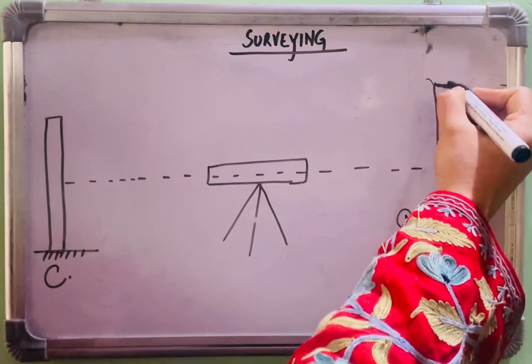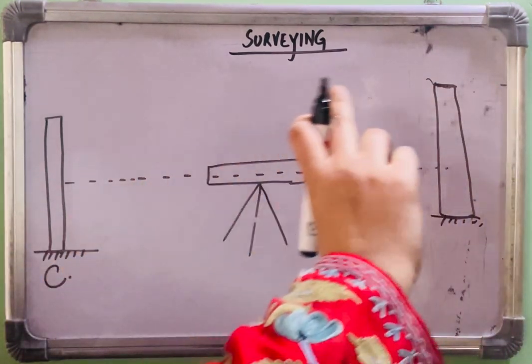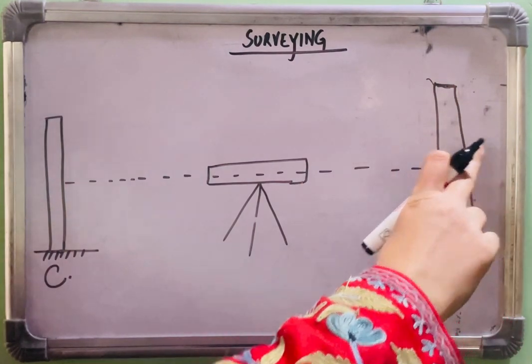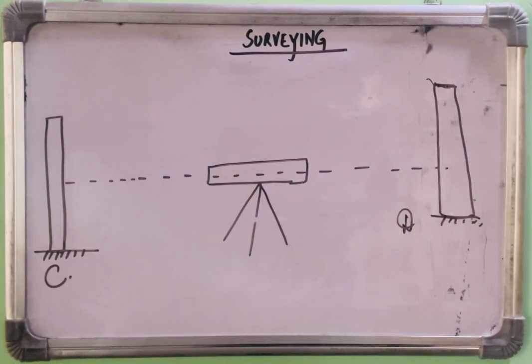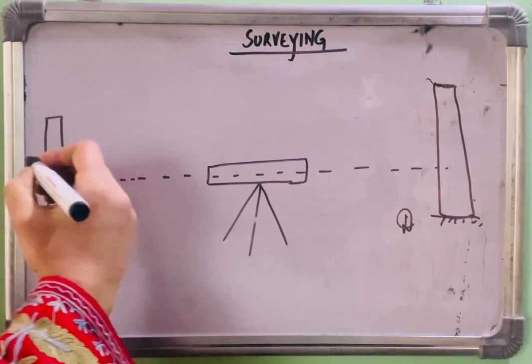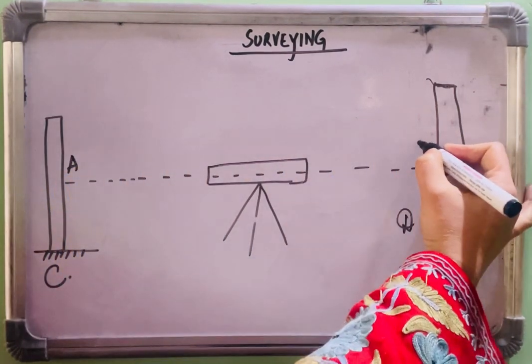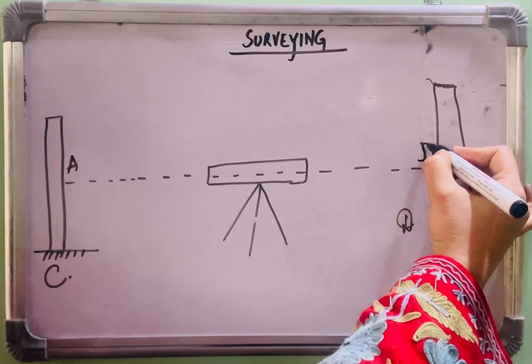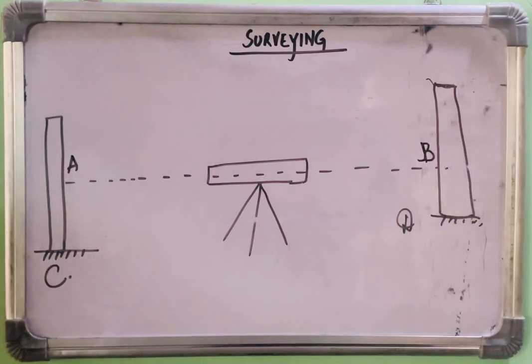We have kept a graduated staff, another graduated rod, and we have used a leveling instrument fitted with a telescope. Let me write down the points over here, for example point A and B. What will we do first?